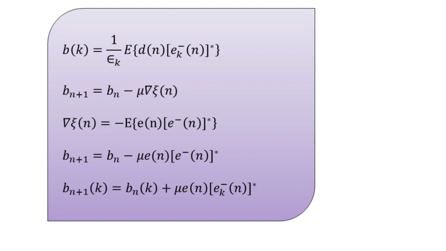And the second parameters are the coefficients denoted b suffix n of k. These are utilized for forming the estimate of the desired signal d of n. So this was a discussion on the topic joint process estimator to have more applicability of the designed adaptive filter for the variety of applications of the signal processing domain here.